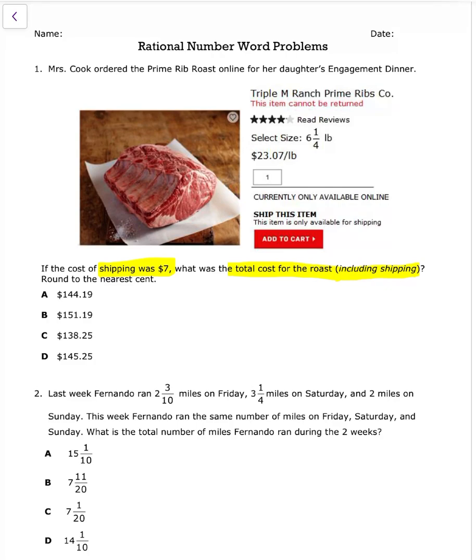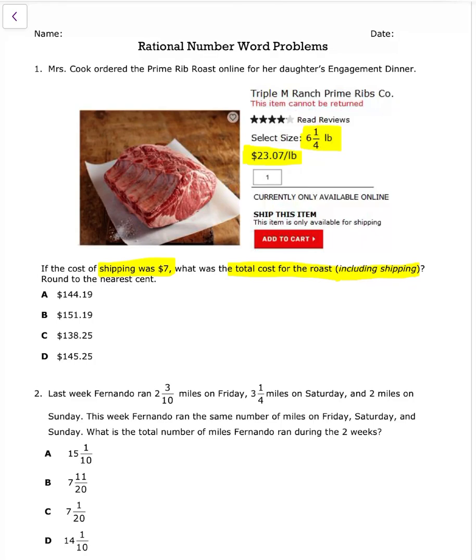All right, so cost is here, $23.07 per pound. So that means we need to look to see what information they tell us about the pounds. And they tell us that it's 6 1/4 pounds. I noticed, and I'm sure you noticed, that there's a fraction here. So we need to take that fraction and change it to a decimal.